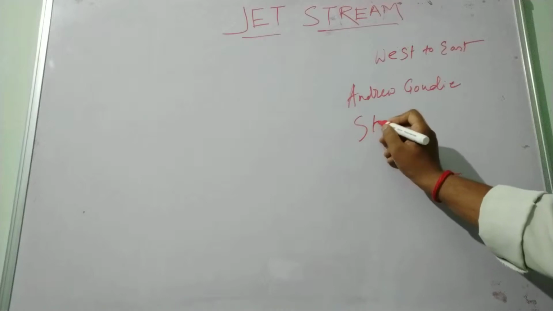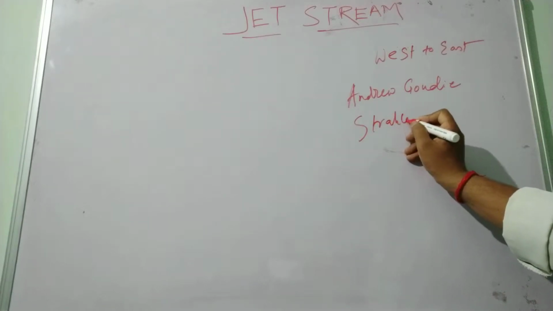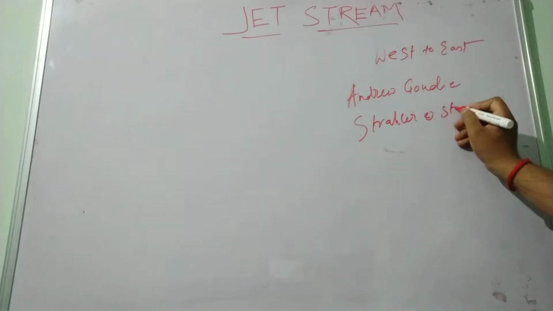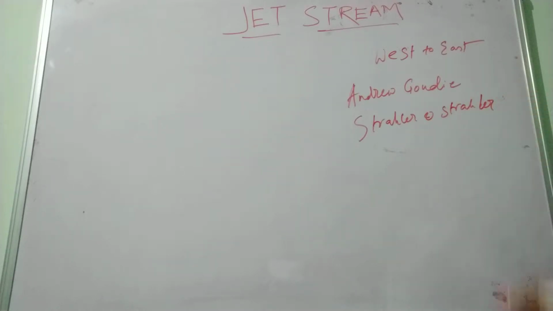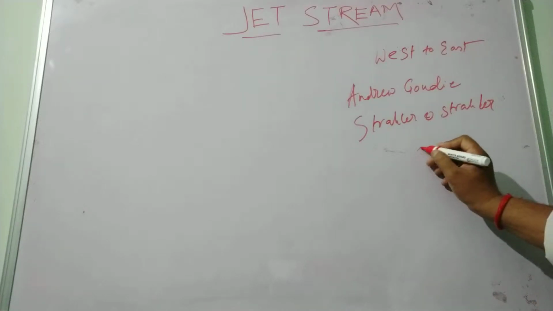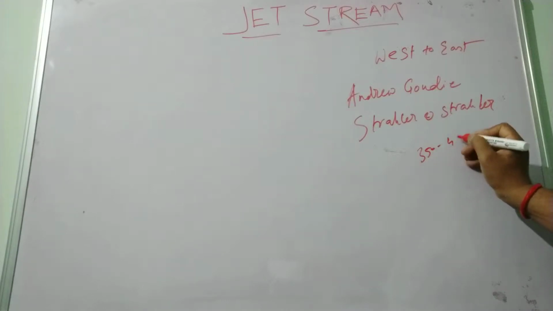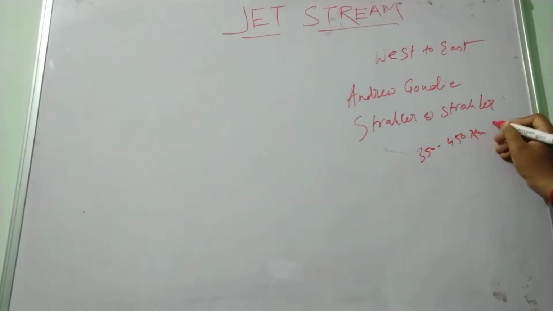Whereas Stoller and Stoller stated that jet streams are at an altitude of 10 to 12 kilometers, narrow zones in which wind streams attain velocities of up to 350 to 450 km per hour.